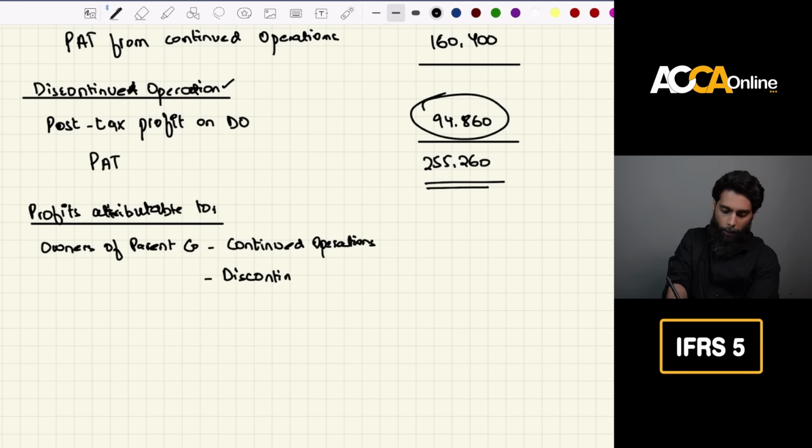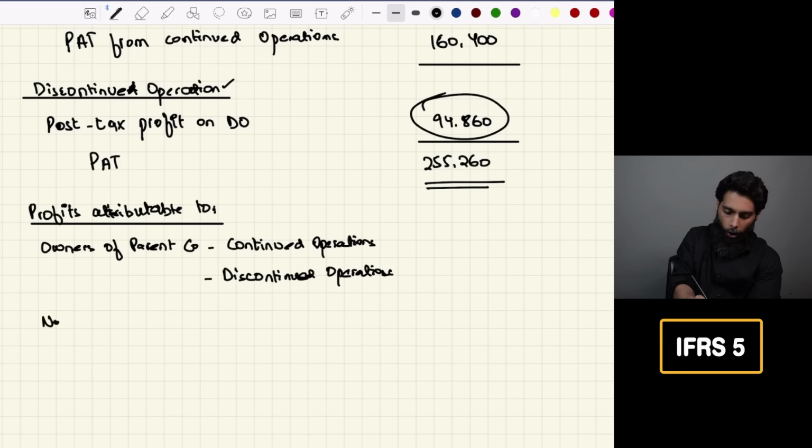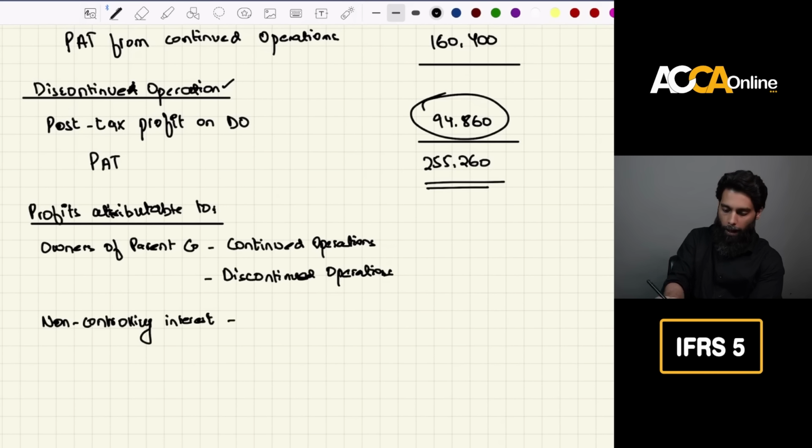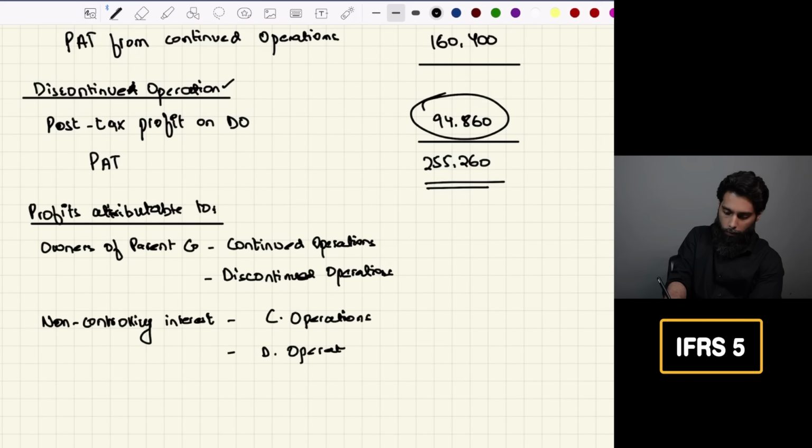So you need to be very specific where they are earning from, right? And then there will be something for the non-controlling parties, non-controlling interest. And here also you need to bifurcate between continued operations, you need to write it fully when you are in an exam, and discontinued operations, right?